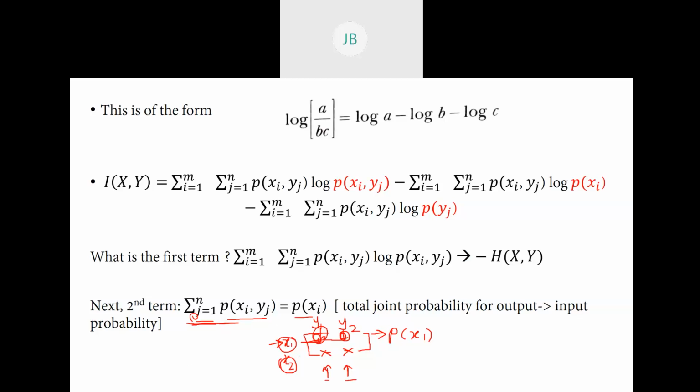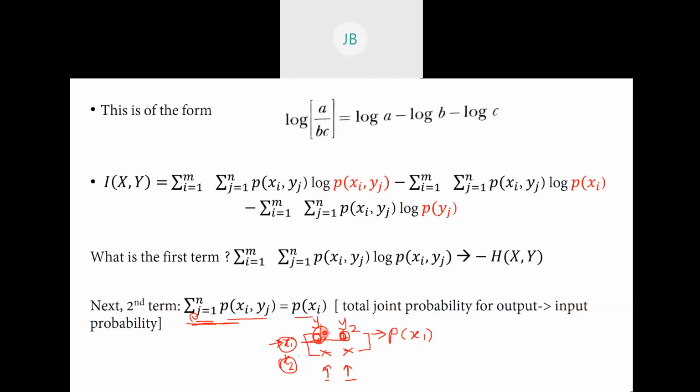So here we can use the second term, where j varies from 1 to n, and the joint probability between xi and yj is nothing but the probability of input p of xi, because of this reason as mentioned here. Basically in this summation we will be changing the column.